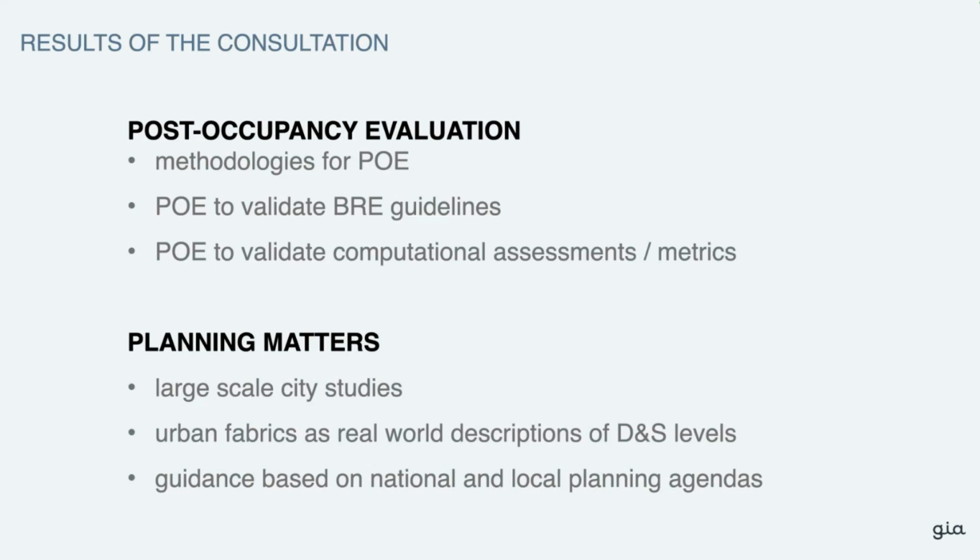Potentially, as a second step, the use of urban fabrics as real-world descriptions of daylight and sunlight levels. And ultimately, the idea would be to promote guidance based on national and local planning agendas, trying to avoid somehow the one-size-fits-all approach that we are all very used to in practice.